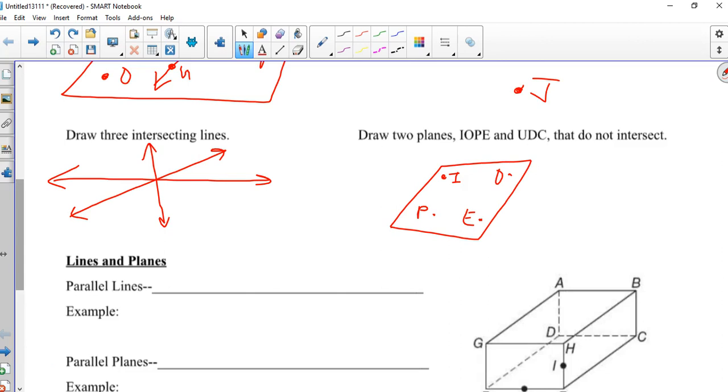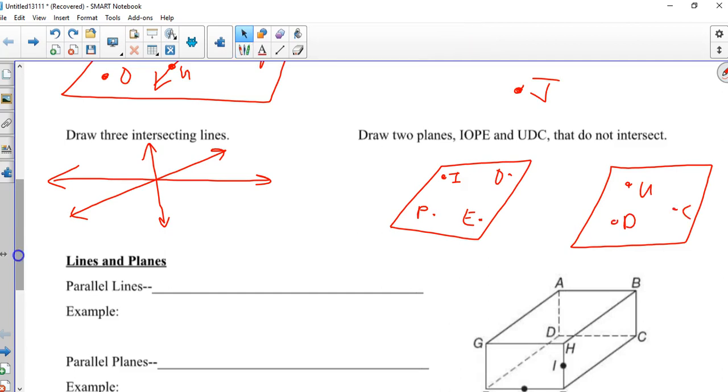And UDC that do not intersect. So this could be like parallel, 2 sides of a box. Something like that.